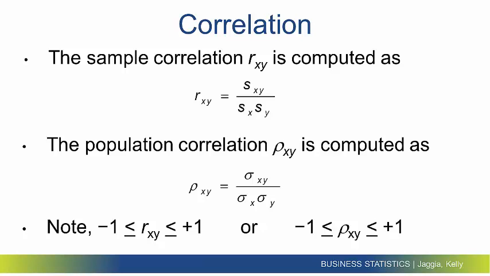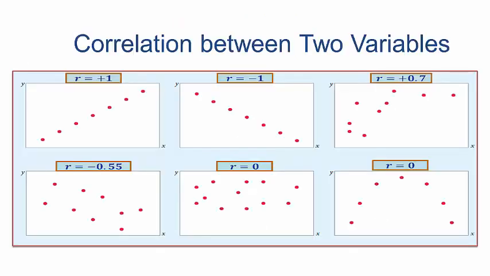The sample correlation coefficient is represented by the lowercase letter r, and the population correlation coefficient is represented by the Greek letter rho, which kind of looks like an italicized lowercase p. Note the correlation coefficients range from -1 to +1. The closer to +1 or -1, the stronger the relationship. The closer to 0 means there is little or no relationship.